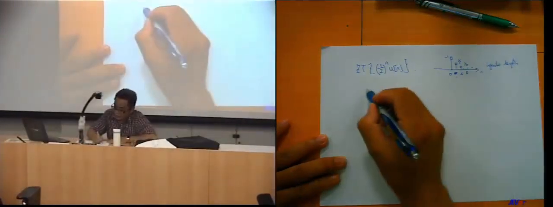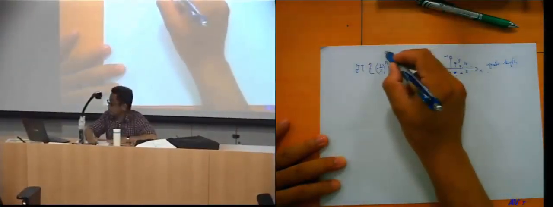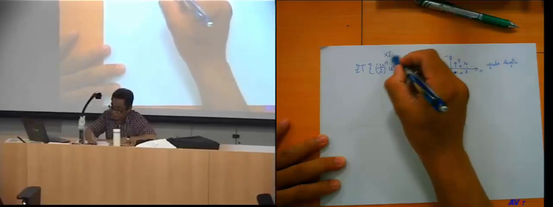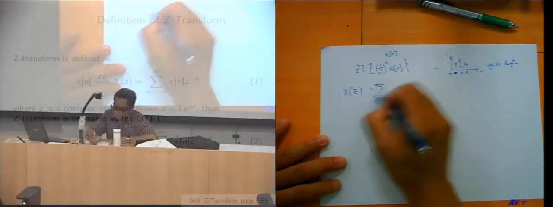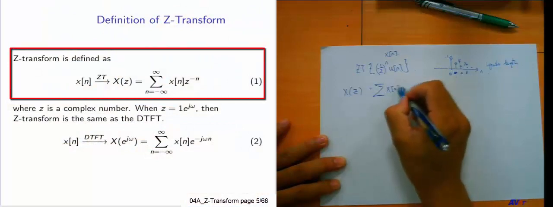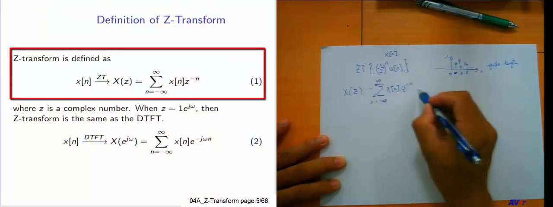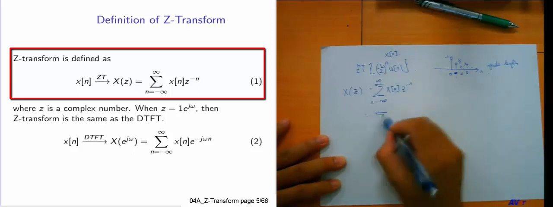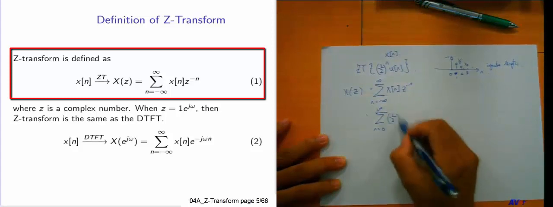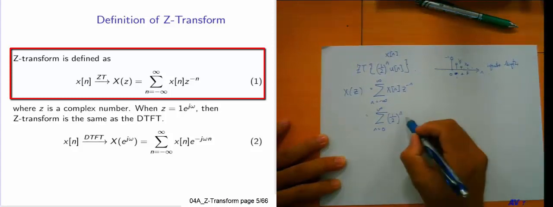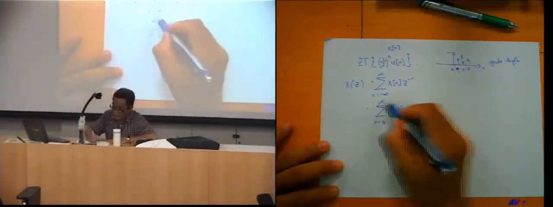When we try to apply this equation, X of z equals to, we realize that we are stuck at this point. Correct? Because this guy goes to infinity.